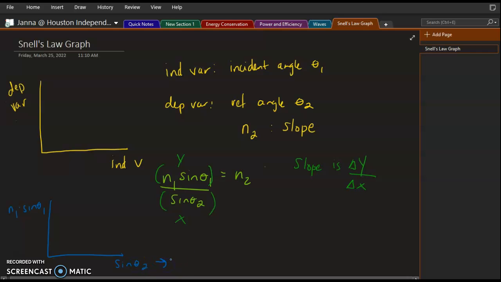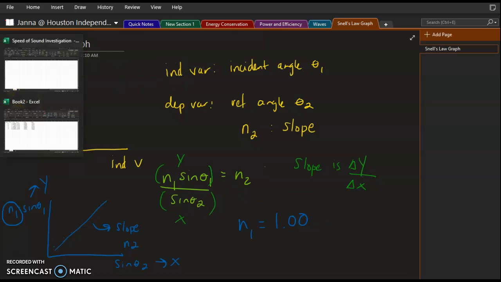So these will be our x values, these will be the y values, and the slope of this line will give us N2. Fortunately for us, N1 was air, so that's equal to 1.00, and any number times 1.00 is itself. So if we plot sine theta 1 versus sine theta 2, we should get a linear relationship. The slope of this line will give us the index of refraction, the N2.